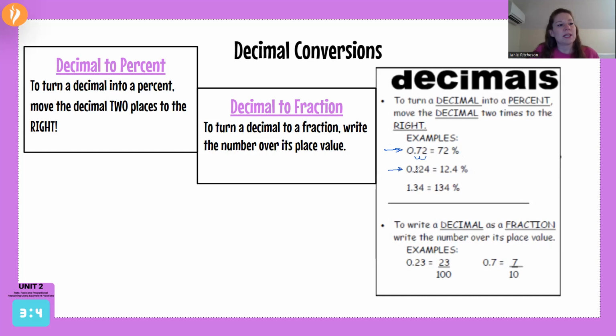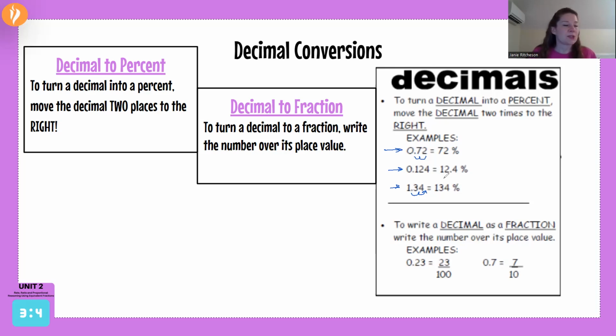The next one, even though there's 3 numbers past the decimal, it doesn't matter. You always move it to the right 2 places, 1, 2, and that is going to equal 12.4%. The next one, 1.34, that's a decimal. You're going to change it to a percent by moving that decimal 2 places to the right, and it's 134%.